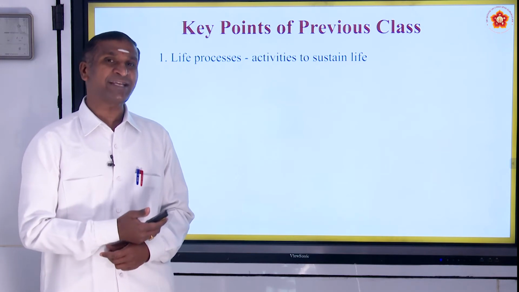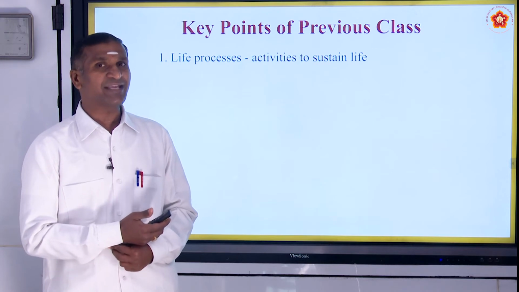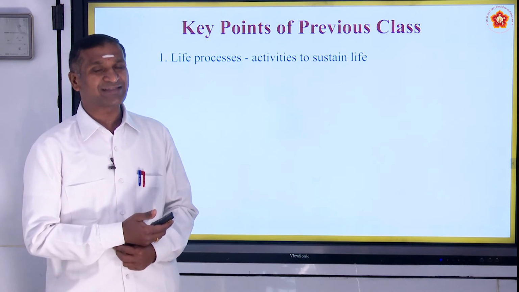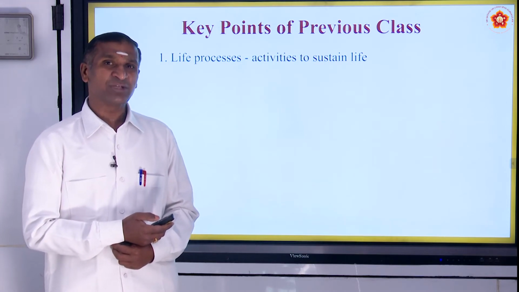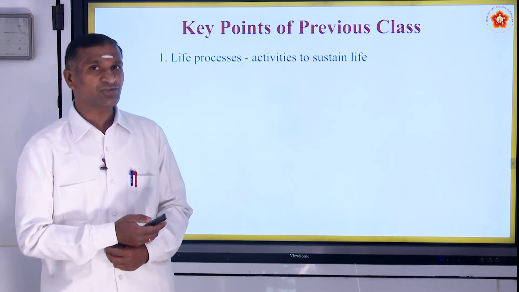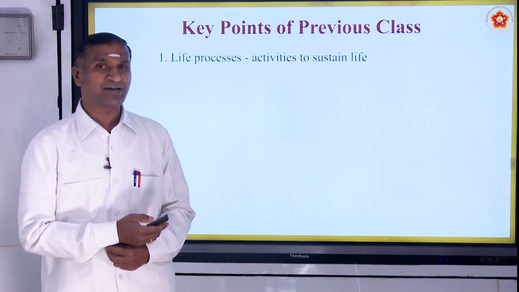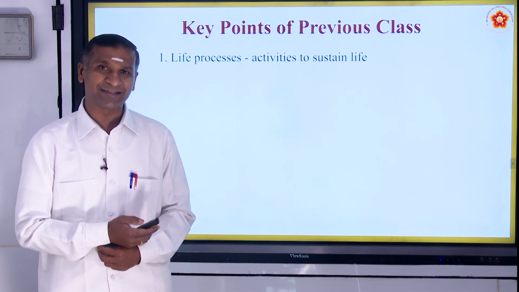The activities that are carried out to sustain and retain life are called life processes, and we understood that nutrition, respiration, transportation, excretion are part and parcel of a living organism to retain its life.